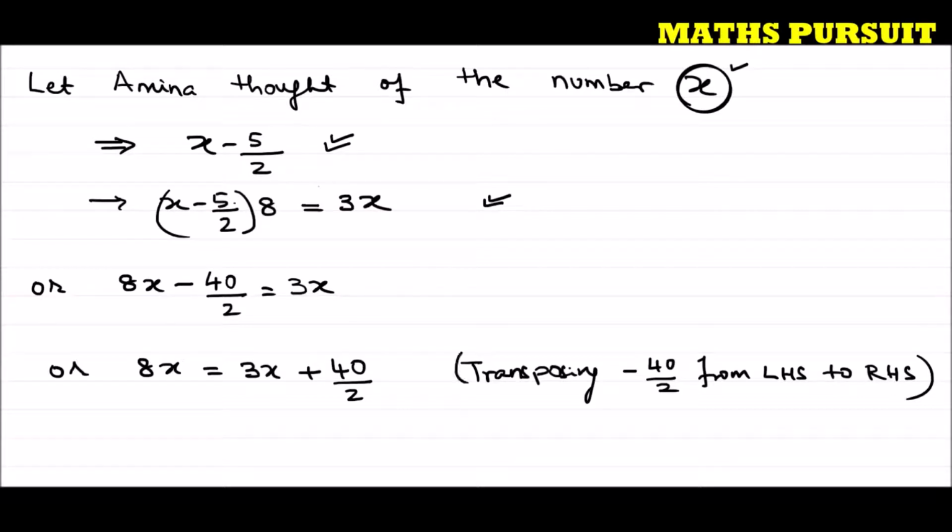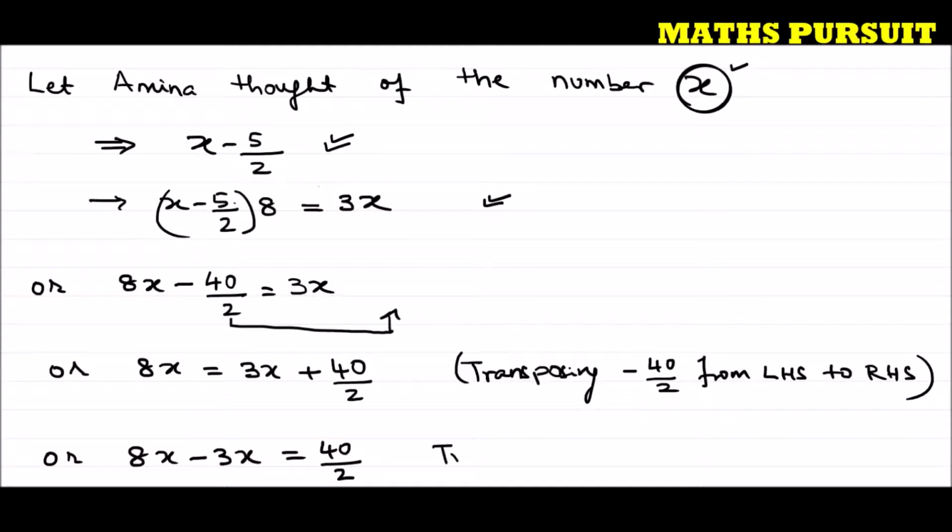I want to move it to the right hand side so that it will be easy for us to solve the equation. For that purpose only I am moving this minus 40 upon 2 to the right side of the equation. So for that movement we got 8x is equal to 3x plus 40 by 2, or I can write 8x minus 3x is equal to 40 by 2.